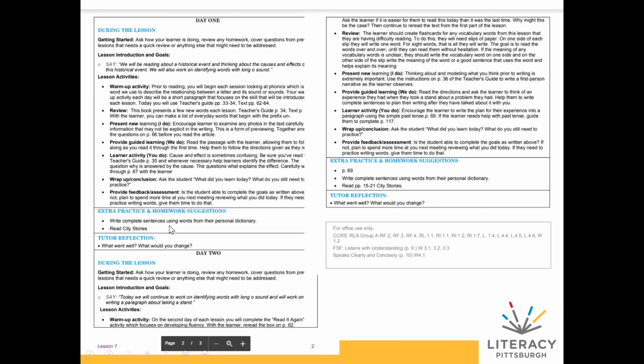For instance, I don't really tell you what cause and effect is about, right? That's in the teacher's guide, as is how to teach the words. Things like that are all in the teacher's guide. Okay, so day 1, day 2 is very, very similar, just focused on the writing, okay?